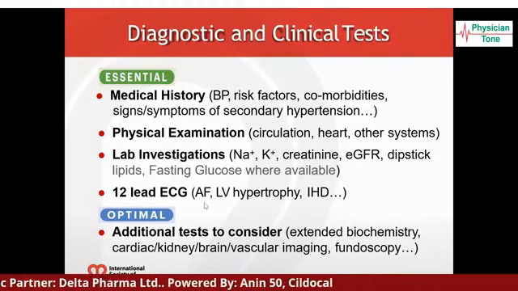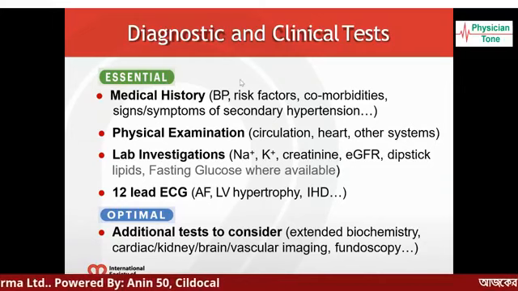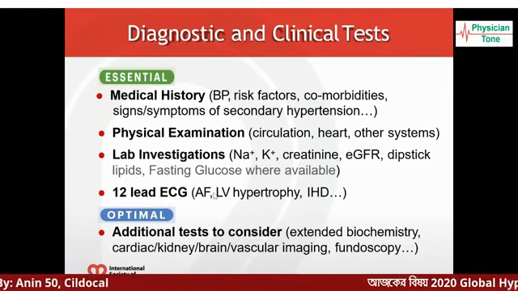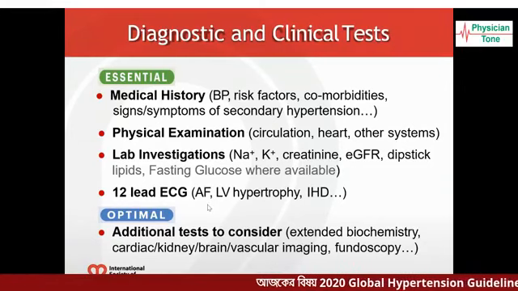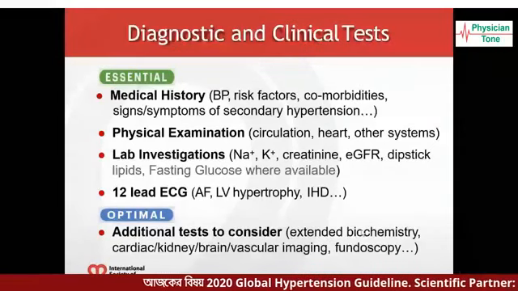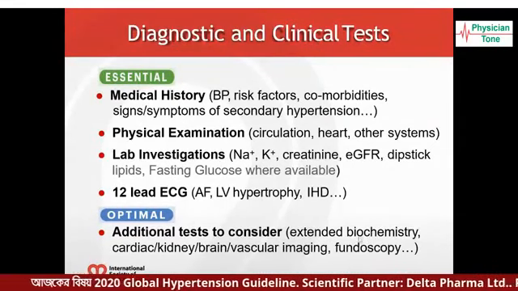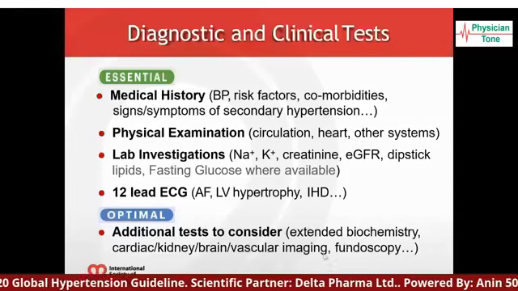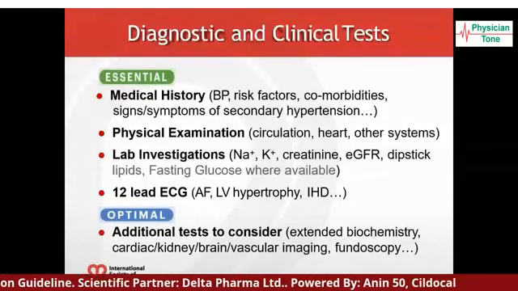This is the essential minimum. We have to do this. And optimal, what is the standard care? Additional tests to consider: all biochemistry tests, cardiac tests, kidney, brain, vascular imaging, fundoscopy. All tests should be done.